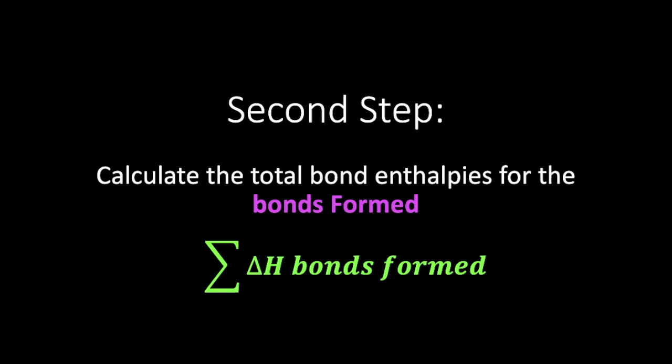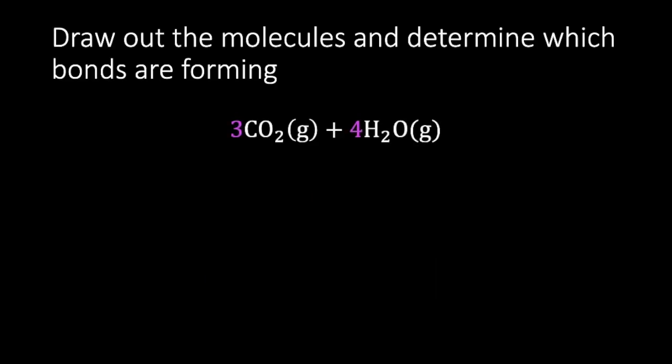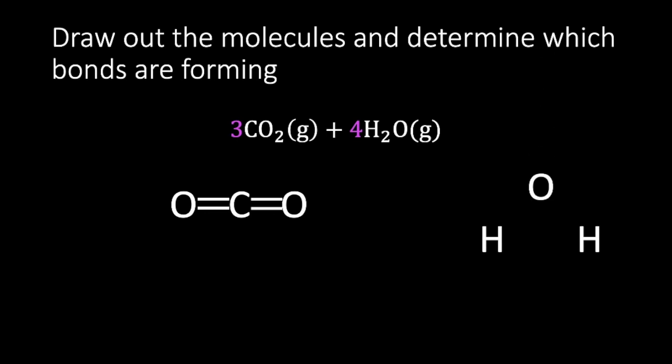Now we're going to do the same thing for our bonds formed. We have 3 carbon dioxide molecules, so let's draw a Lewis structure for carbon dioxide here. And we have 4 water molecules, so we'll draw a Lewis structure for our water molecule. We've got 2 carbon-oxygen double bonds in every CO2 molecule, and we've got 3 of those.